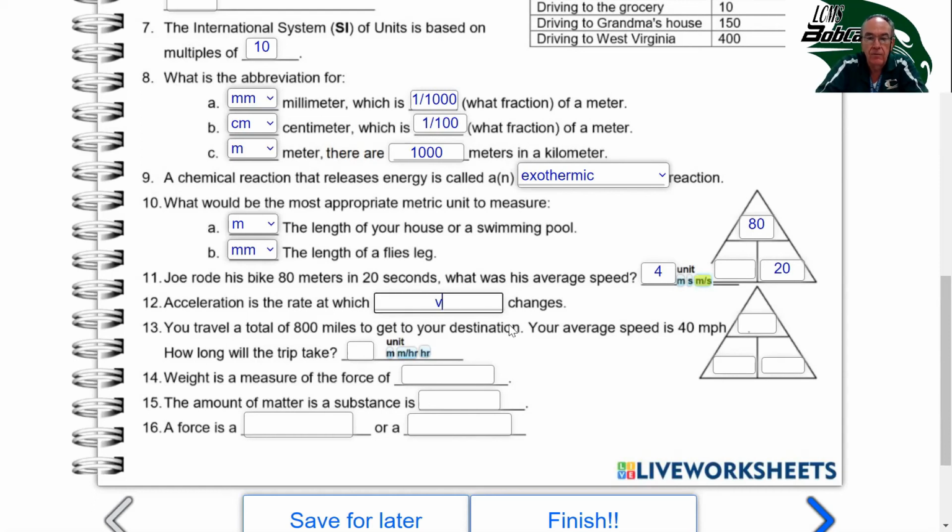Acceleration is the rate at which velocity changes. You travel 800 miles to get to your destination. So 800 is the distance, and the speed is 40 miles per hour. So we're going to divide, and 800 divided by 40 is 20.